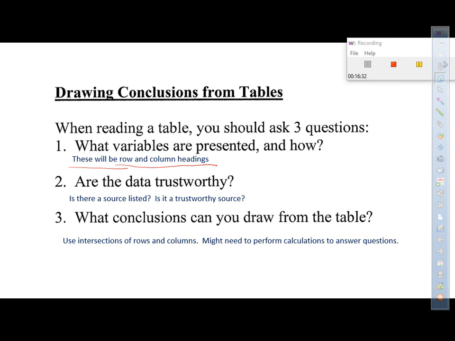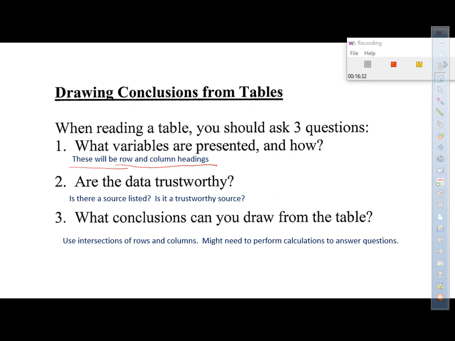Now coming up, we got another one that's going to be a little tougher. The good thing is we kind of come back the next day, guys, and kind of retrace some of this, because we know the first day is pretty tough. Number two, is the data trustworthy? 99% of our data will have a source written down at the bottom. We have to decide if that's a legitimate source or not.